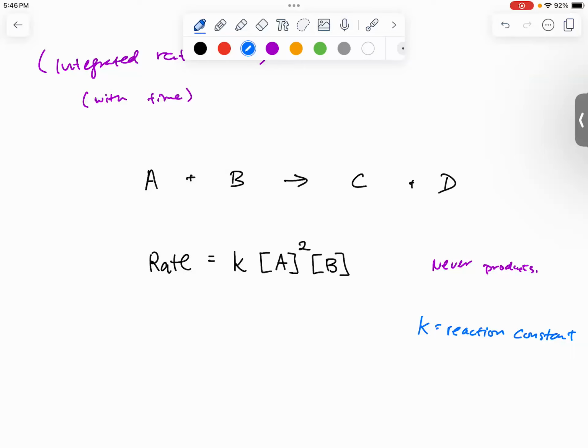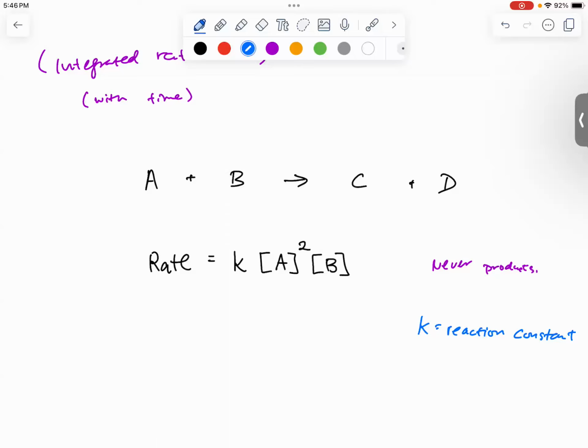This reaction constant is going to be the same for the reaction. Now, we will show you a table with multiple trials of the same reaction. The K doesn't change as long as the reaction is the same reaction.